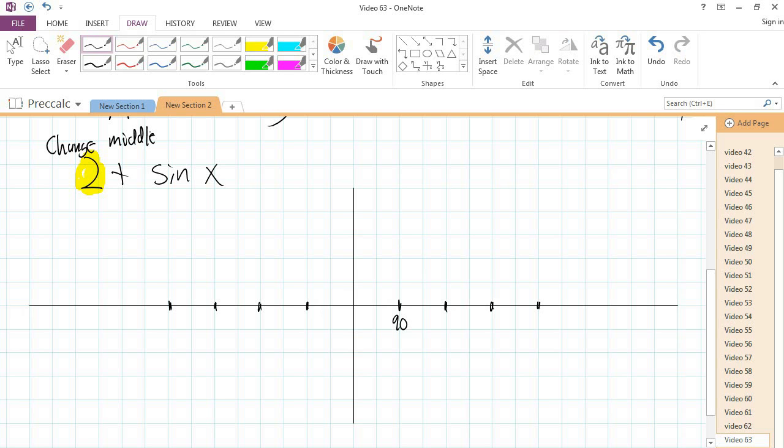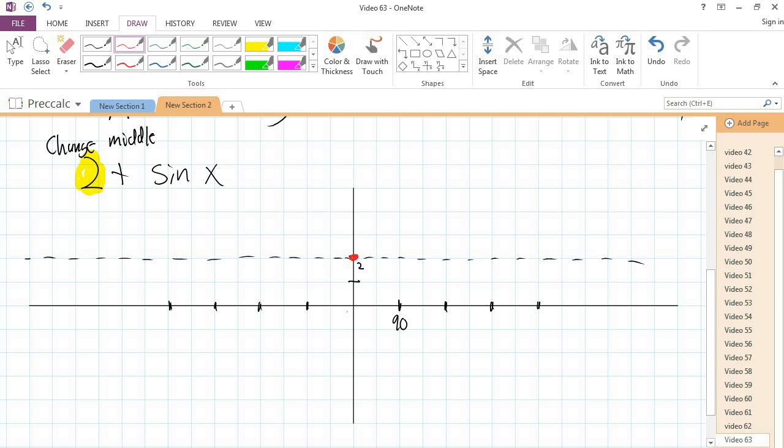Normally, my middle is the x-axis, but because everything is shifted up 2, the middle of my sine wave is now at 2. So when I talk about starting in the middle, I'm going to start here instead of at the x-axis.